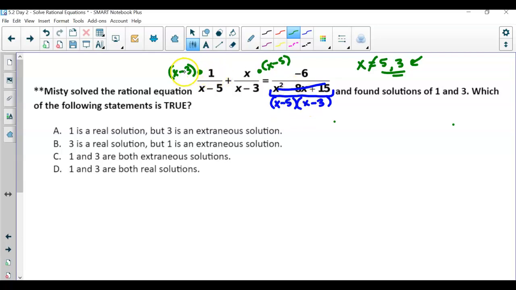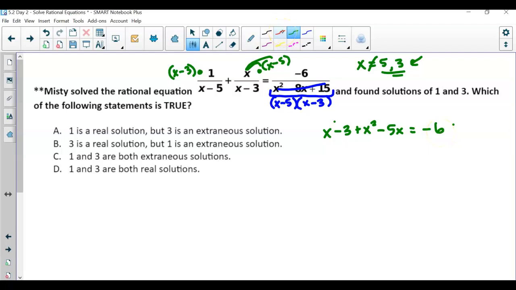Well, 1 times x minus 3, that's just going to stay as x minus 3. However, here you are distributing x, and we're adding. So again, staying positive, x squared minus 5x. X times x is x squared, and x times negative 5 is negative 5x, equal to negative 6.